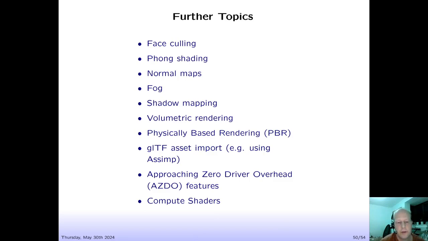There's also so-called AZDO features, approaching zero driver overhead features in OpenGL. So you can do instanced rendering and things like that, so that the CPU overhead for instructing the graphics card is as low as possible. And there are also compute shaders for doing computations instead of graphics on the GPU.